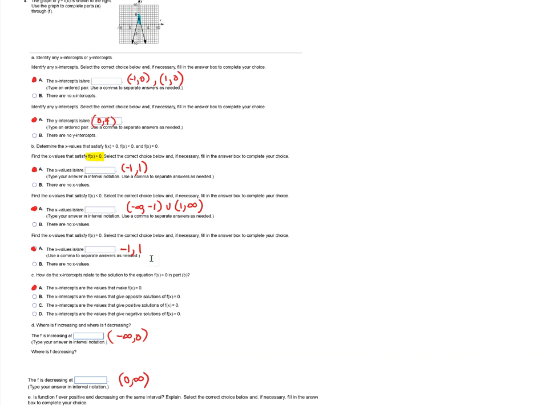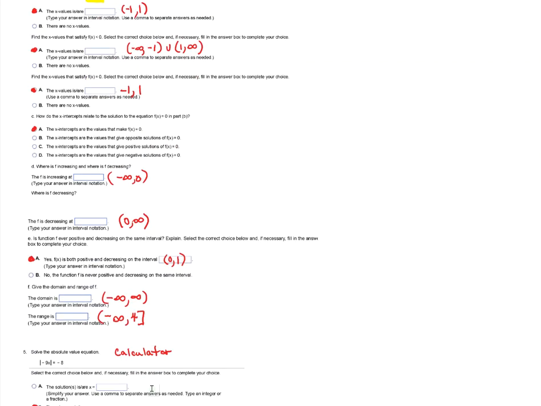Again, that's negative 1 and 1. And the x-intercepts are the values that make it equal to 0. Where is it increasing? It is increasing from negative infinity up to 0, because x is 0 when that changes direction. And it's decreasing 0 to infinity.